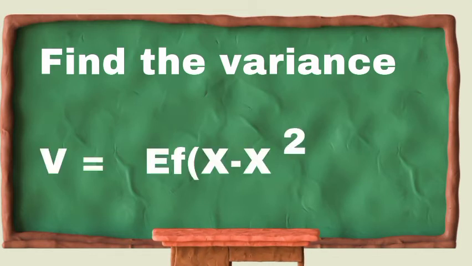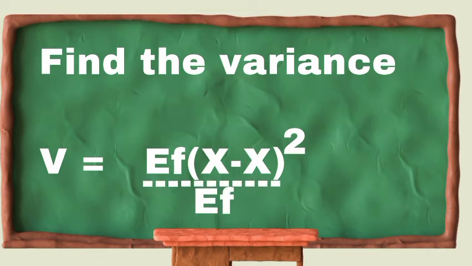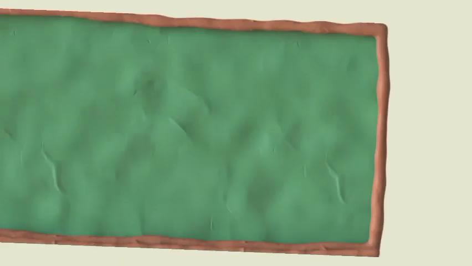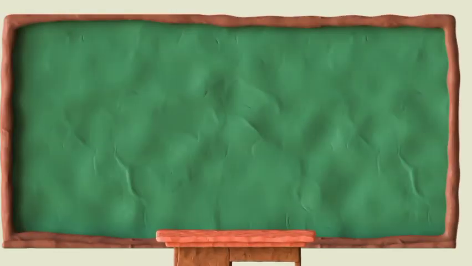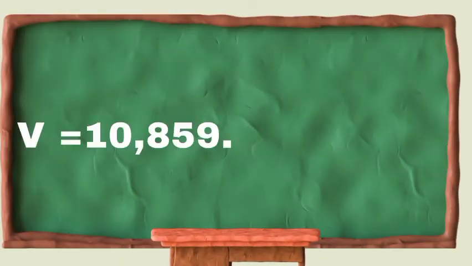Now, to find the variance, all you have to do is to find your total, then you divide it by your frequency.